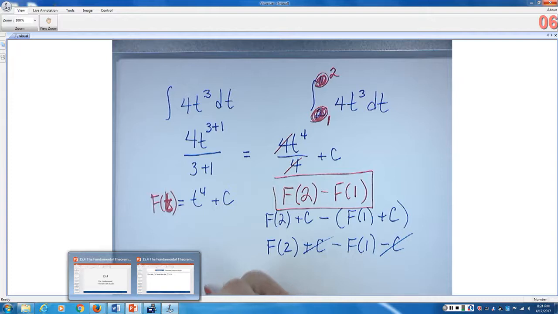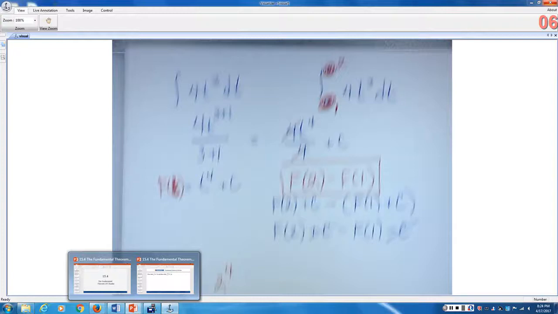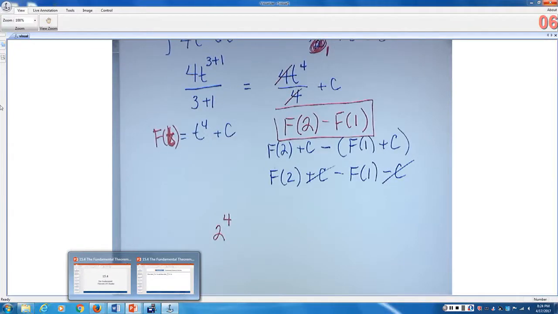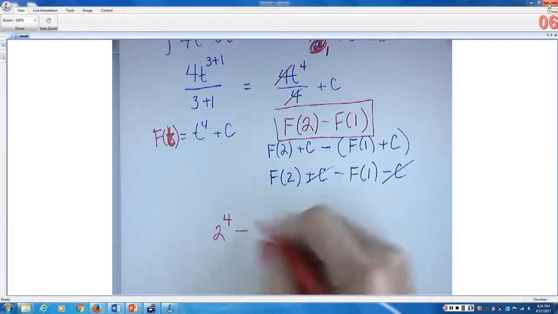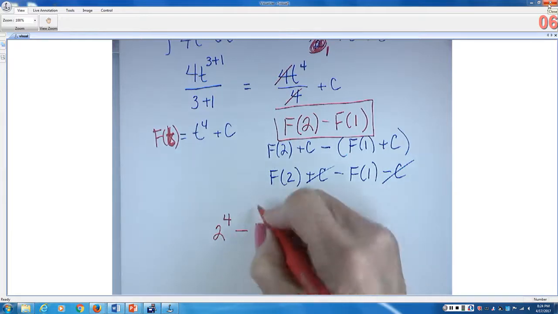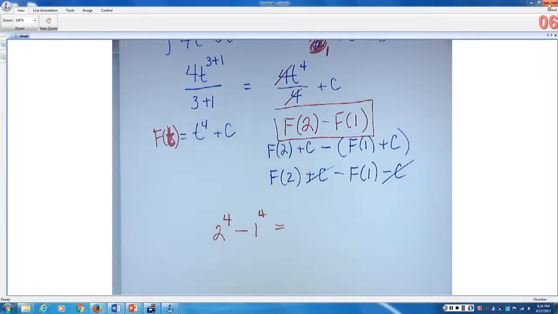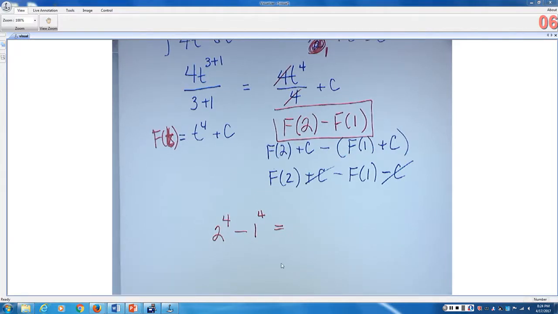So F of 2, that's 2 raised to the 4th power minus 1 raised to the 4th power. 2 to the 4th power is, I believe, 64.